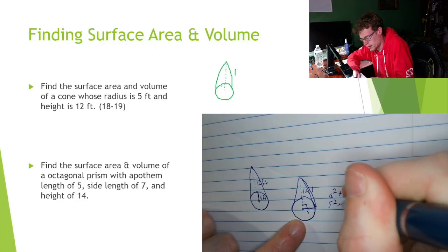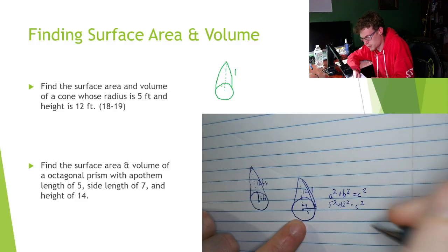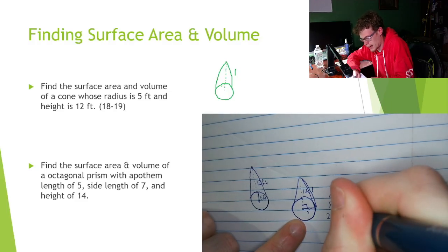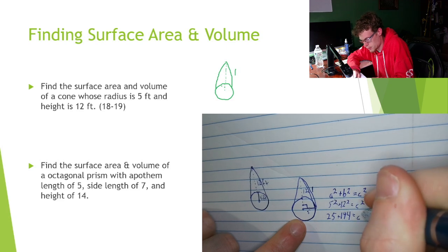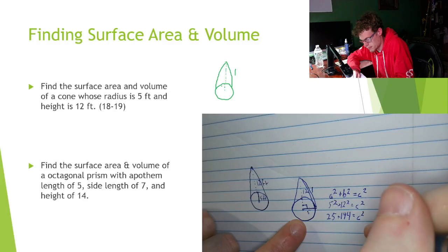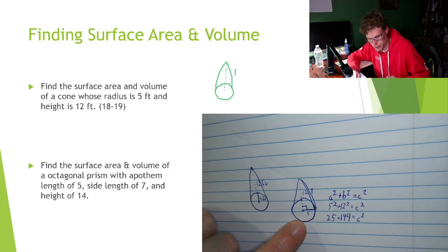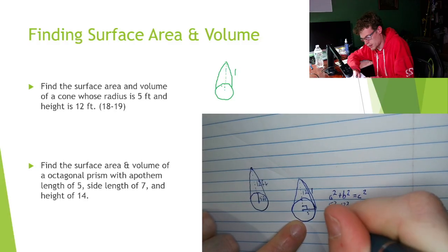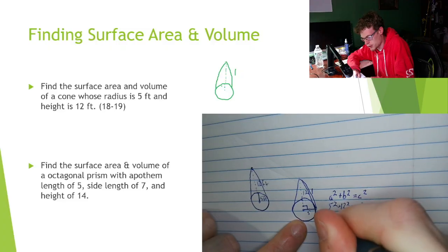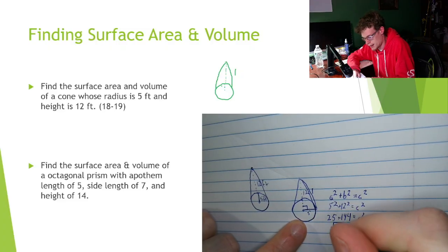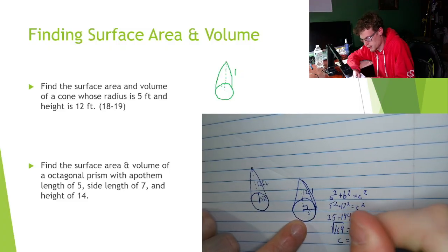So 5 squared plus 12 squared equals c squared. 25 plus 144 equals c squared. What is 25 plus 144? 169 equals c squared. Well, if you know your squares, you take the square root of that, you figure out that c equals 13.